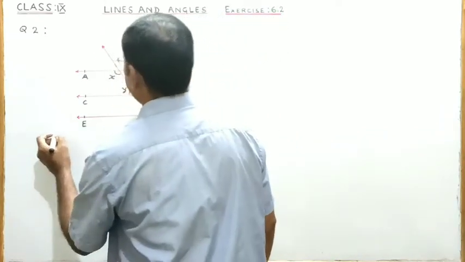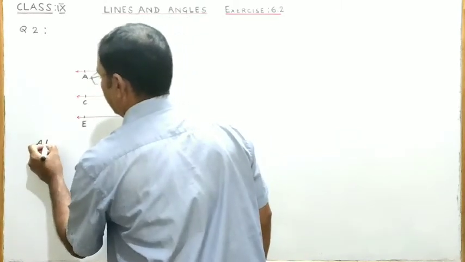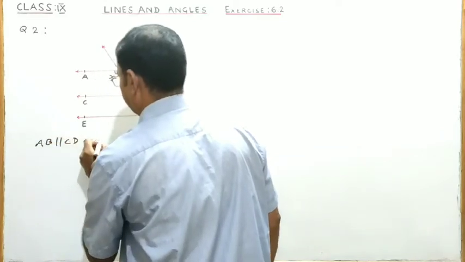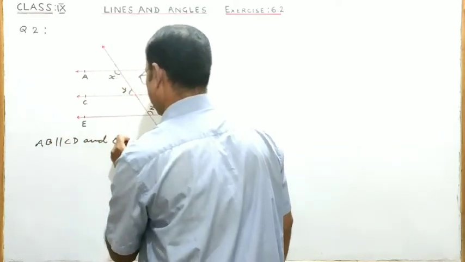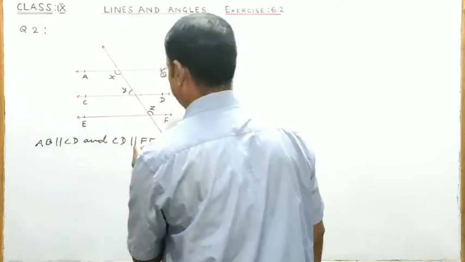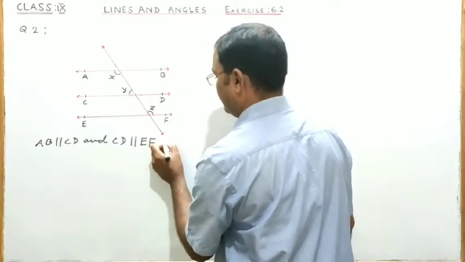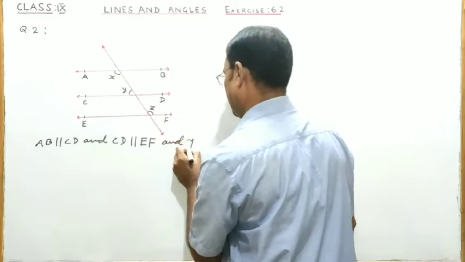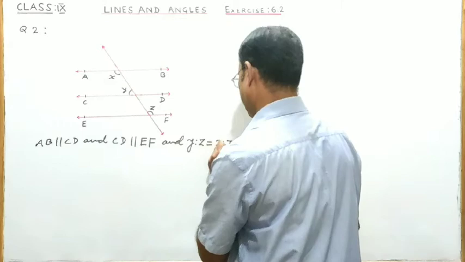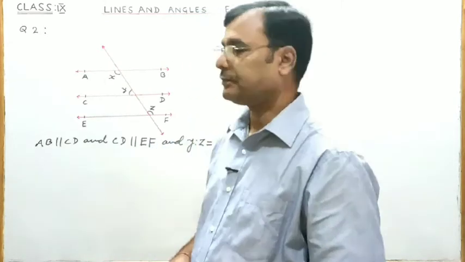We have to find x. AB is parallel to CD and CD is parallel to EF, and y is to z is equal to 3:7, and we have to find x.